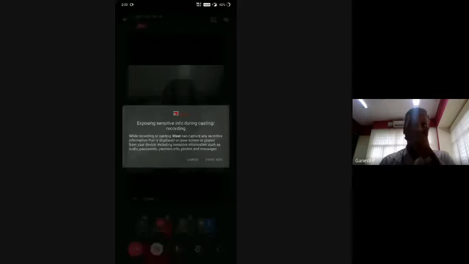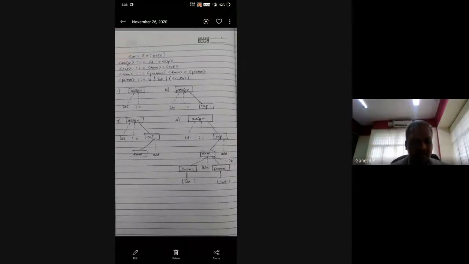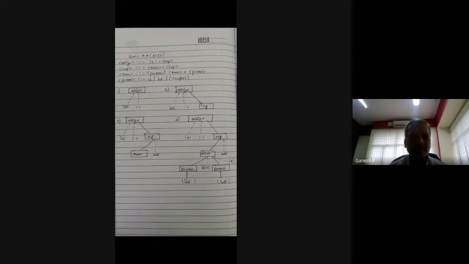Sir, is it okay now? Zoom a little. Okay. Another change is whenever you write non-terminal symbols, you should always keep them in angle brackets, just to give clarity that you are talking about a non-terminal, so you will not have any confusion.